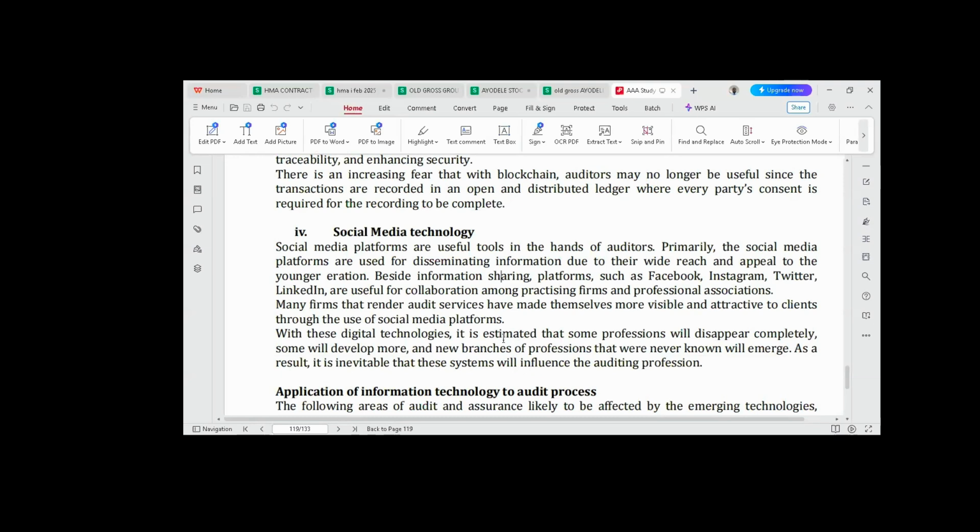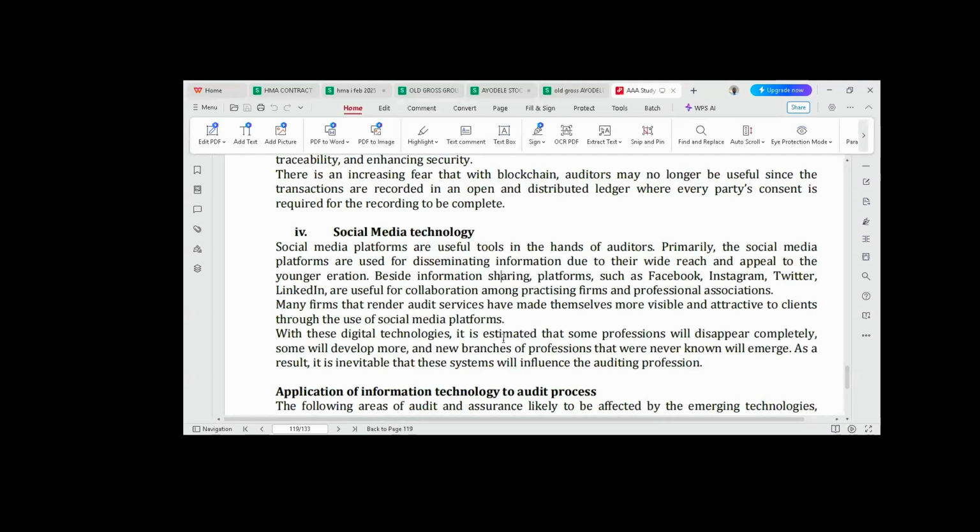So what we are saying here is that with this social media technology, it's estimated that some professions will disappear completely, some will develop more, and new branches of professions that were never known will emerge. As a result, it is inevitable that this system will influence the auditing profession.